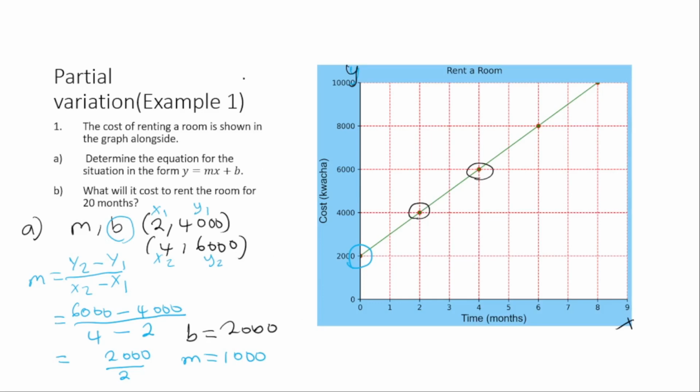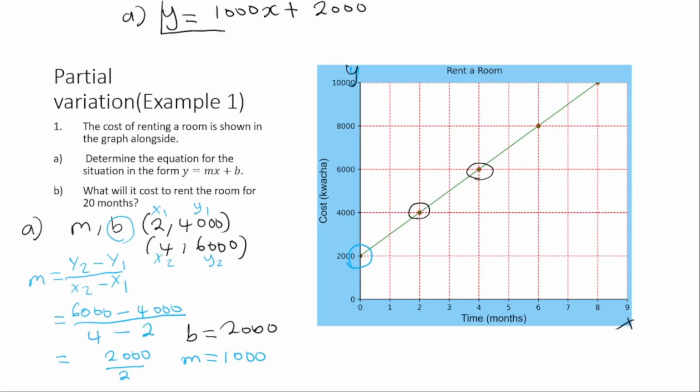I'll write the solution right here on top. So the solution for A will be y is equal to 1,000x plus 2,000.